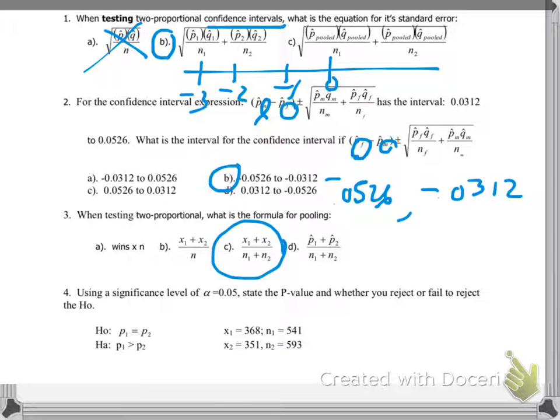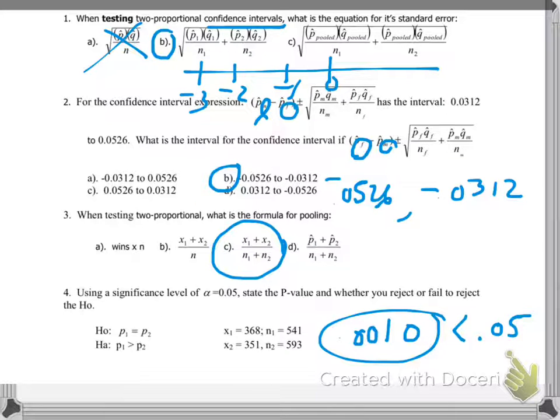And I do all of this and I get a p-value. So I get 0.0010, reading off my graphing calculator. So if my alpha is 0.05, do you see that's less than 0.05? So since it's less than, we are going to reject.